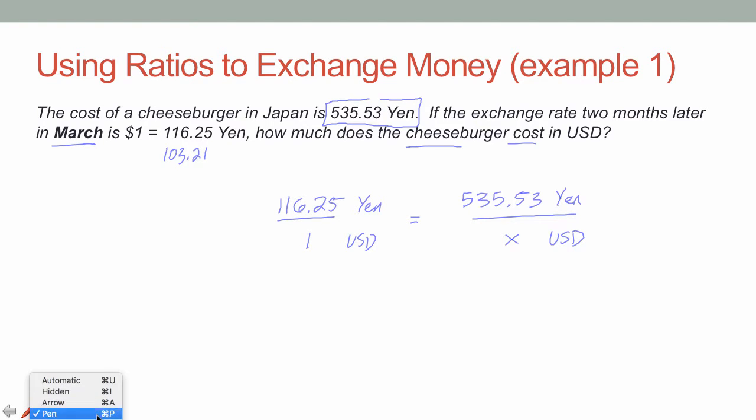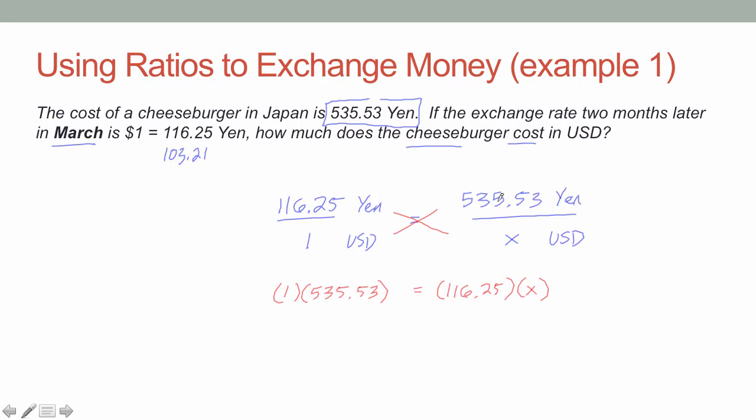Let me switch colors here. I'm still going to cross multiply and set up my equation: 1 times 535.53. And again, as you do this math, you may find quicker ways to do it. I'm just working through this for everyone so they can follow all my steps really well.